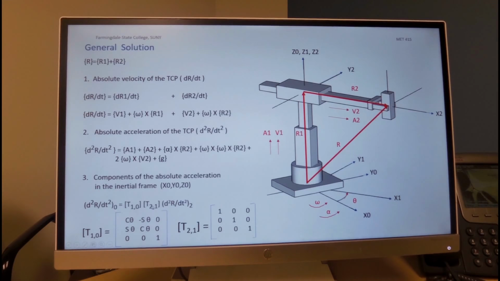Now, if we look at the transformation of coordinate system 2 to 1, it's a unit matrix because there's no rotation between 2 and 1, and therefore there's only translation in the z direction. Therefore, that's 1 on the diagonal and zeros every other place.